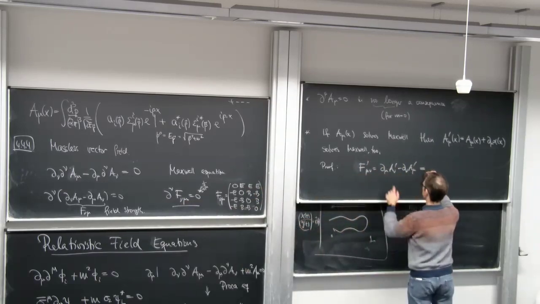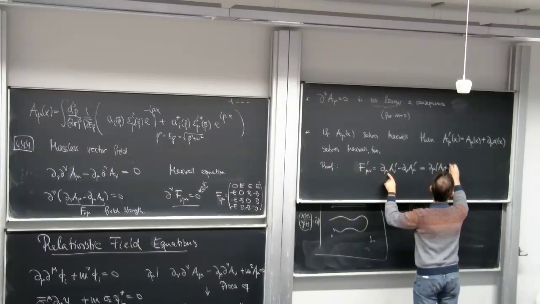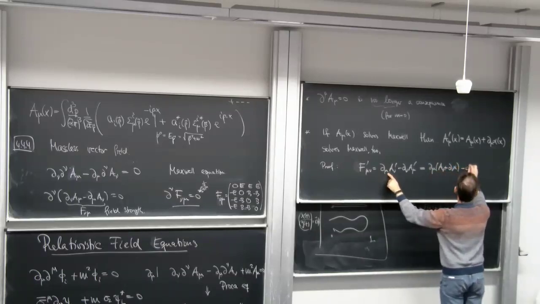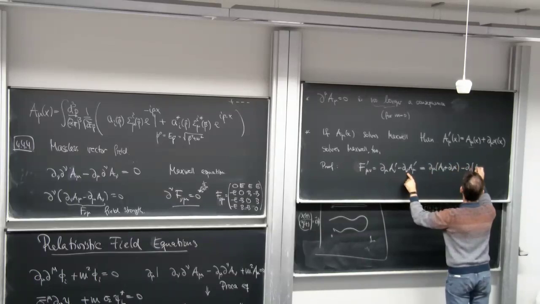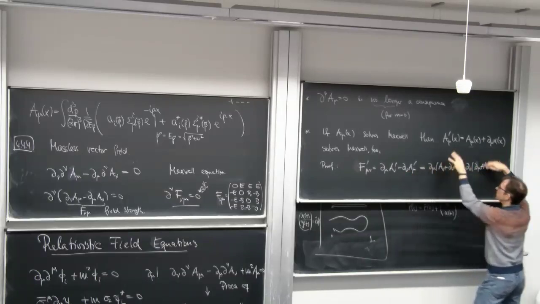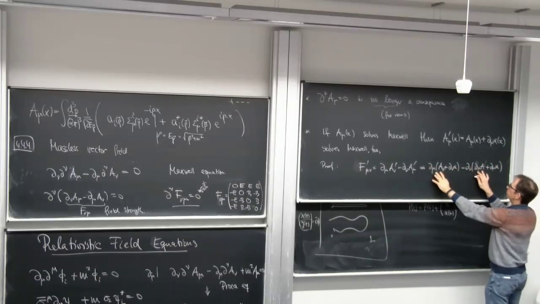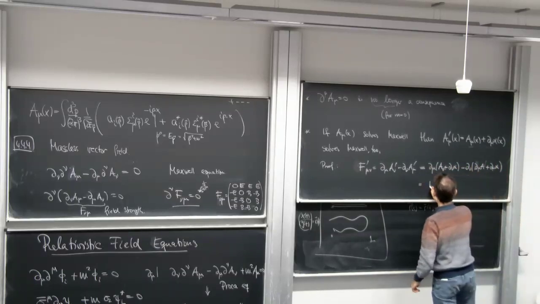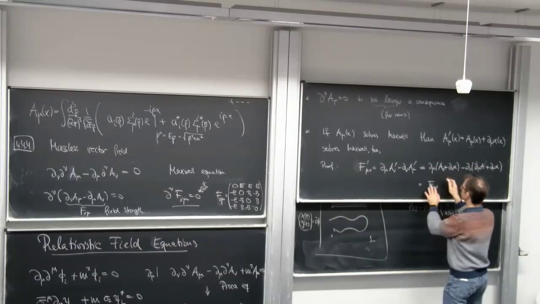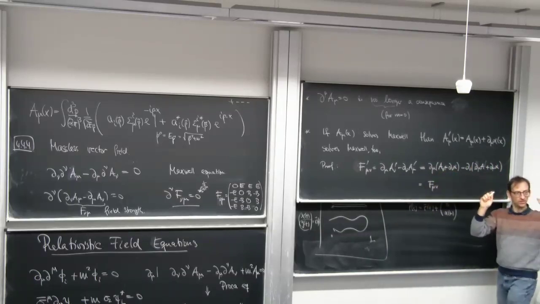And that inserted is d mu A nu plus d mu alpha minus d nu A mu plus d nu alpha. Not just no prime. I inserted the primed one. Then the first two in each term together will be the F mu nu without the prime, and the second ones cancel because I have the derivative.